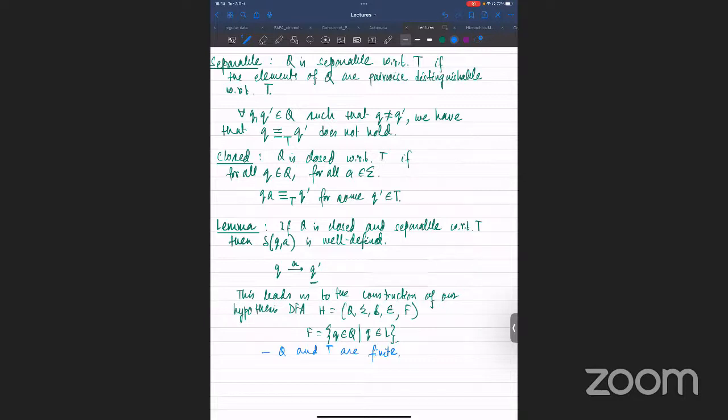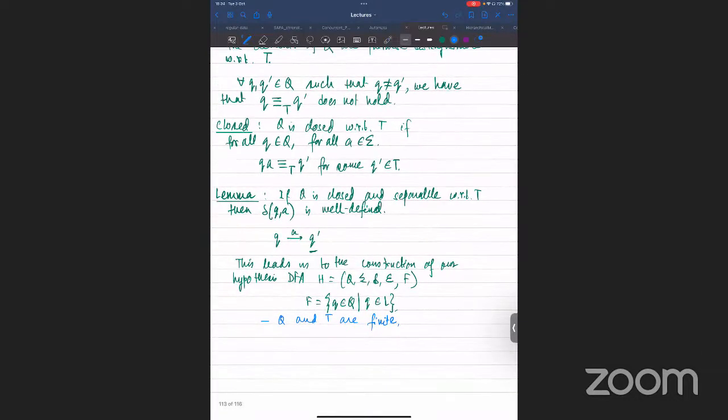We'll have this assumption for now, and we'll see in a while why this is good enough. My Q and T both are finite. Okay. So we talked about separability, we talked about closed, and then we say that if Q is closed with respect to this capital T, then you can indeed construct such a hypothesis DFA. Okay, good.